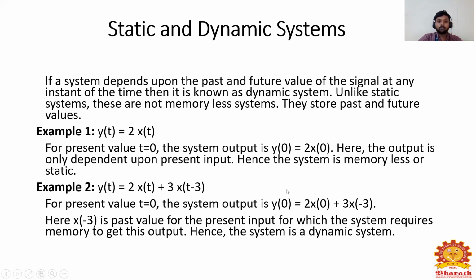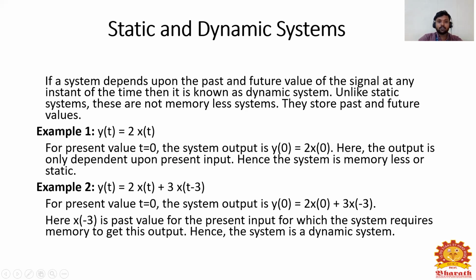Here the input which I gave, the present value, is t is equal to 0. So in the output I am getting x of 0, which is present. But here x of minus 3 is the past value of the input, for which the system requires memory to get its output.